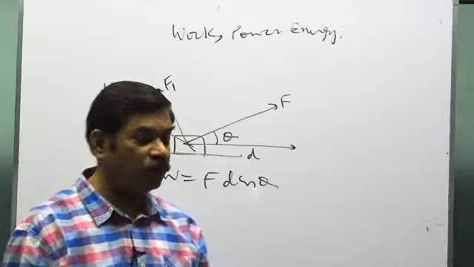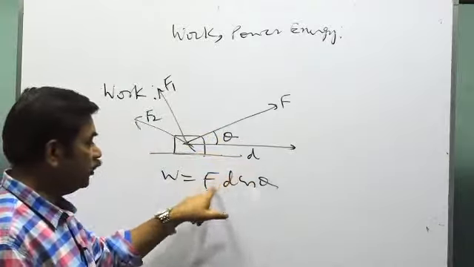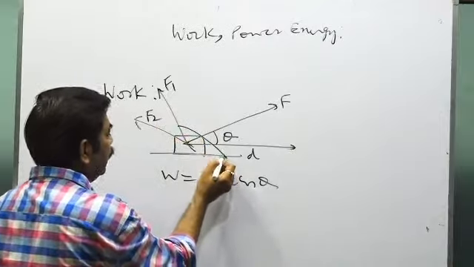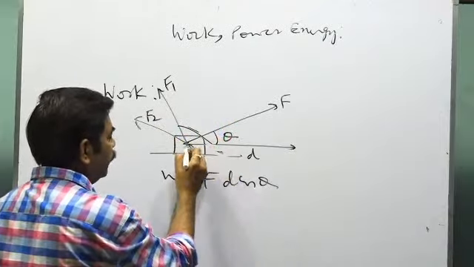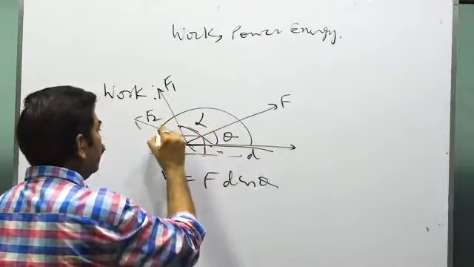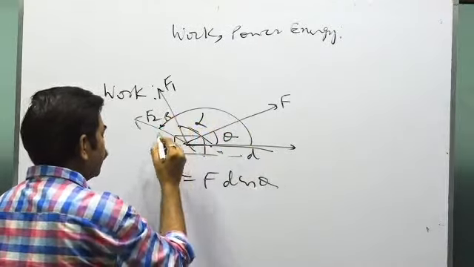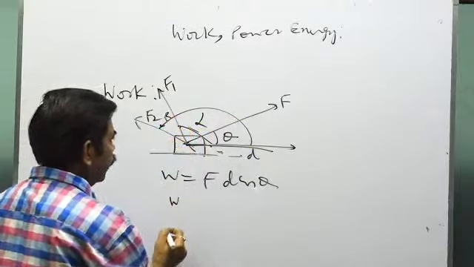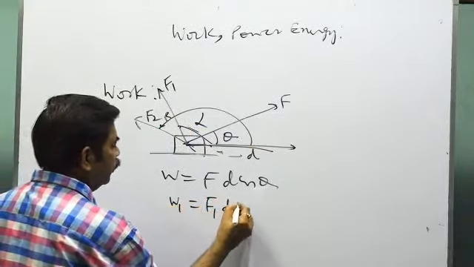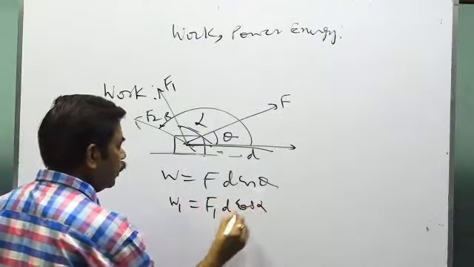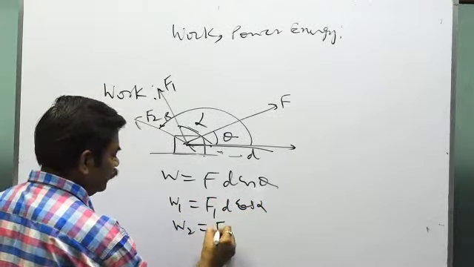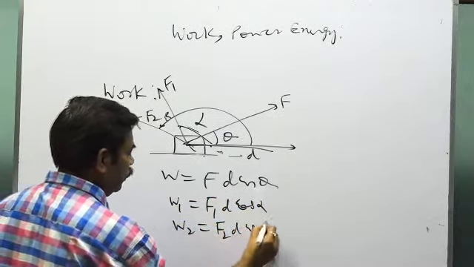Then the work done by the force F will be F into D into cos of theta. For F1, the angle from the direction of displacement is alpha, and the angle between the displacement and F2 is beta. Then the work done by the force F1 will be F1 into D into cos of alpha. Work done by the force F2 will be W2, that is F2 into D into cos of beta.